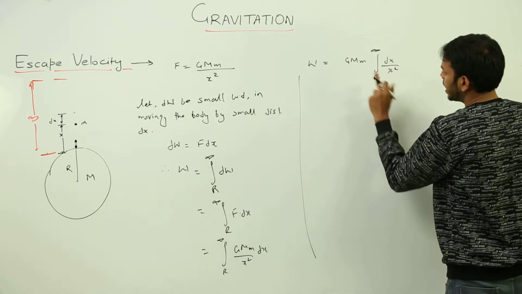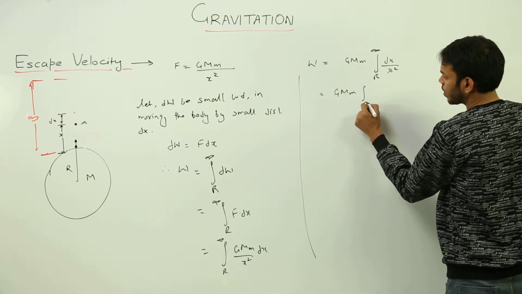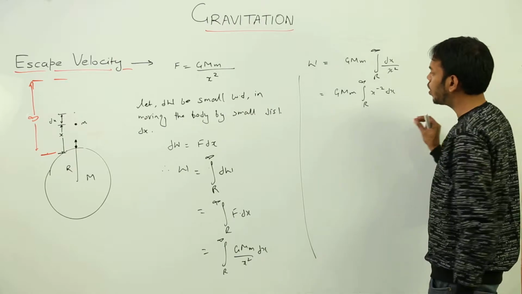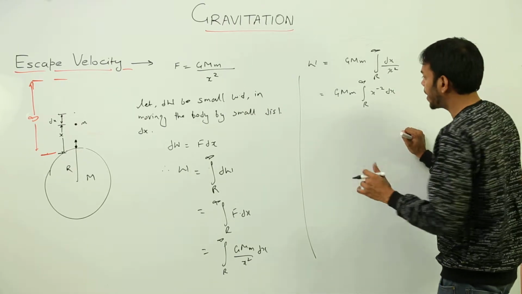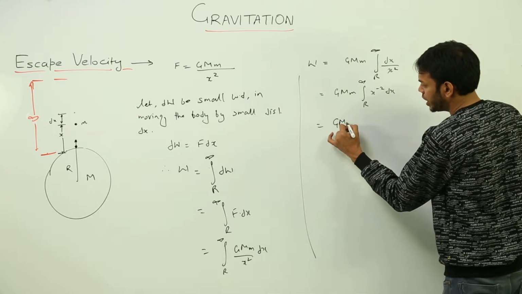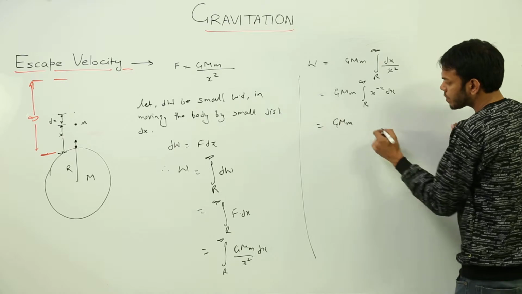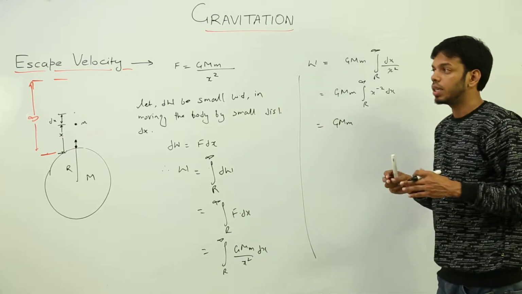So this can be written as GMm, R to infinity, x raised to power minus 2 dx. And if I use that formula, x raised to power n integration is n times x raised to power n minus 1.